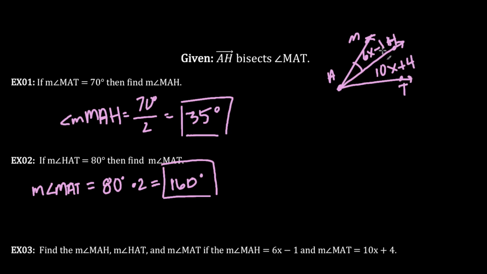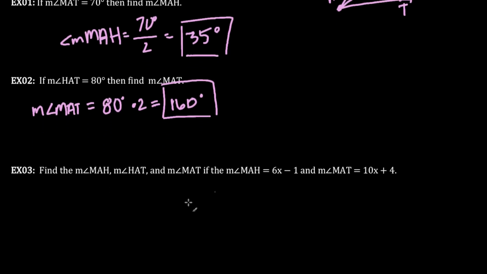If we know that these are equivalent, then we can make an equation out of them. 6x minus 1 equals 10x plus 4. I'm going to take away 6x from both sides because I want to keep this positive. It's easier for me. So negative 1 equals 4x plus 4.